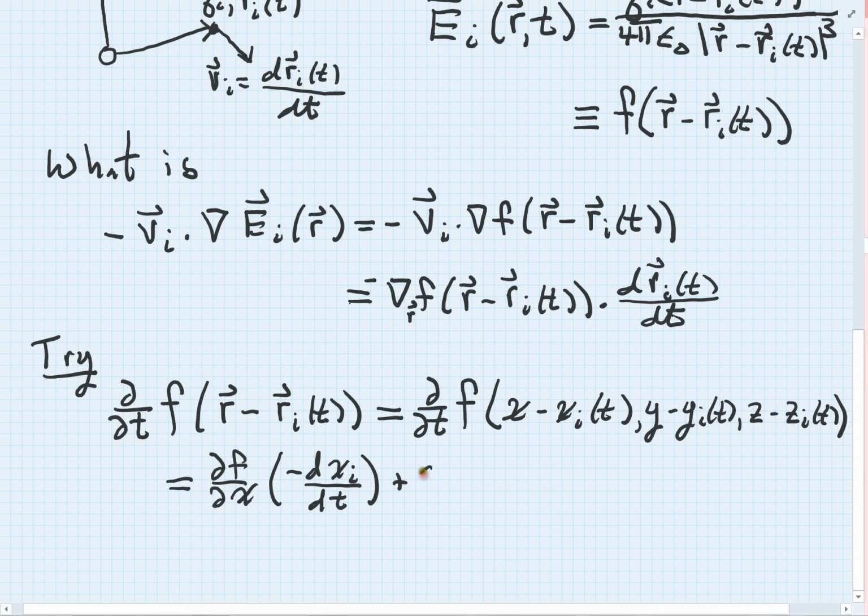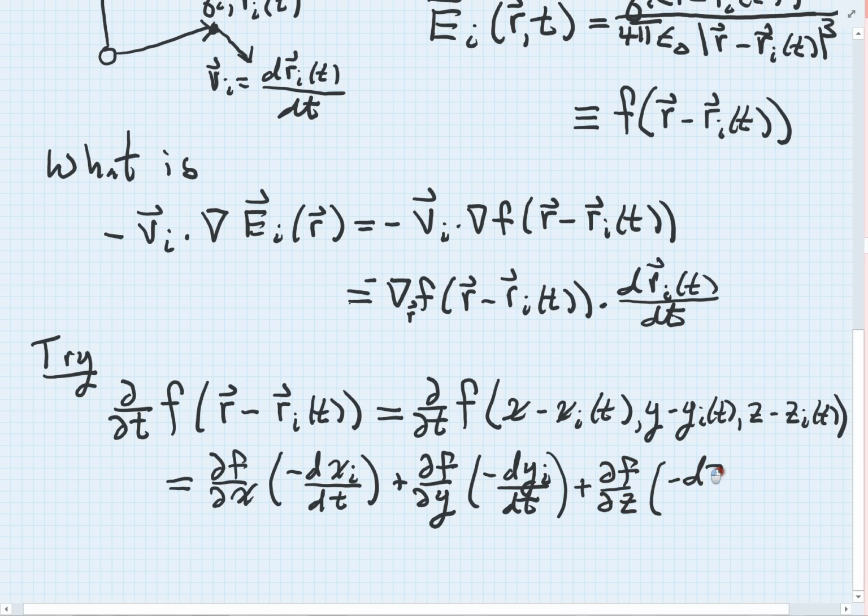Plus, then we would have the partial derivative of f with respect to its second argument, which is the y coordinate. And then the derivative of that argument with respect to time t gives me minus dy_i dt. And the z component, of course, is going to do the same thing: partial f partial z times minus dz_i dt.